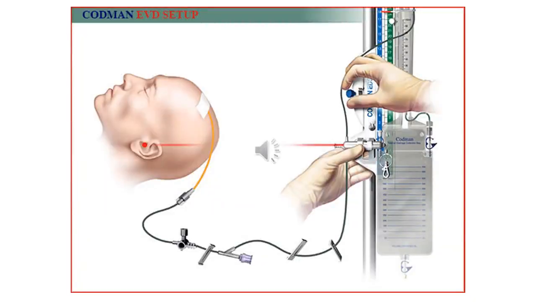So this is a picture of what a ventriculostomy setup might look like. The catheter is actually inside the person's brain, and you can see that coming away from it, it attaches to a drainage system, and it looks almost like a ruler that is attached to an IV pole.